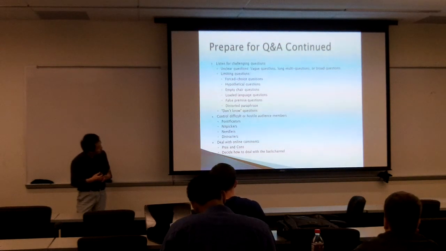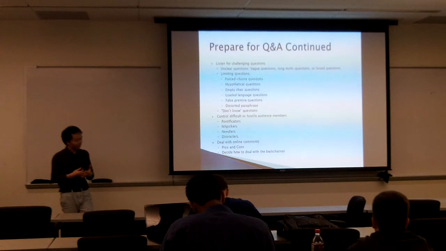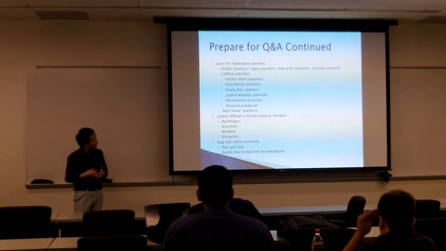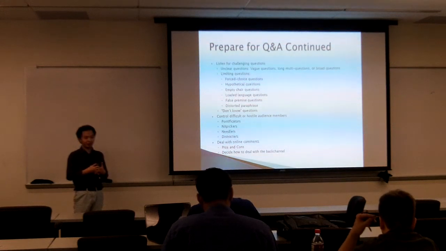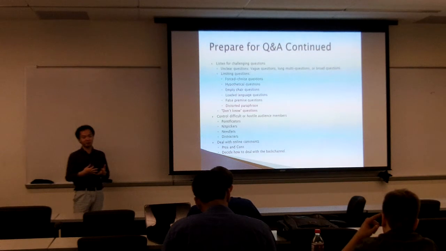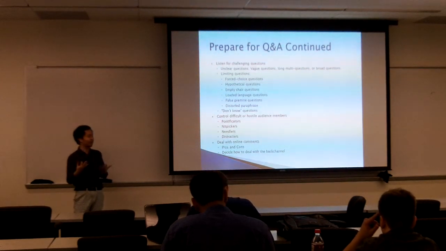The unclear questions include vague questions, long-winded questions, and broad questions that just cannot be addressed in a limited time. Limiting questions are those that limit your options and lead you to choose a response that you just don't want to give.